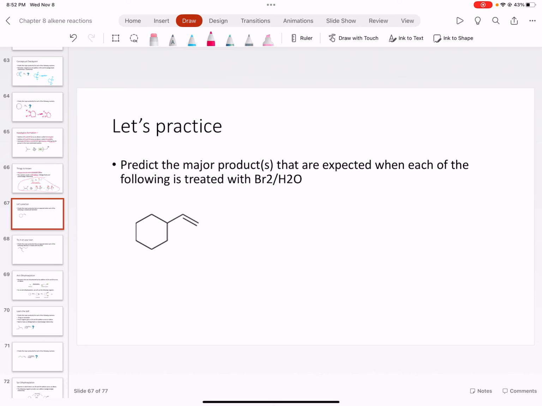Okay, perfect. And then they want this one to be reacted with Br2, H2O. We have to remember that we're doing bromine and OH addition.